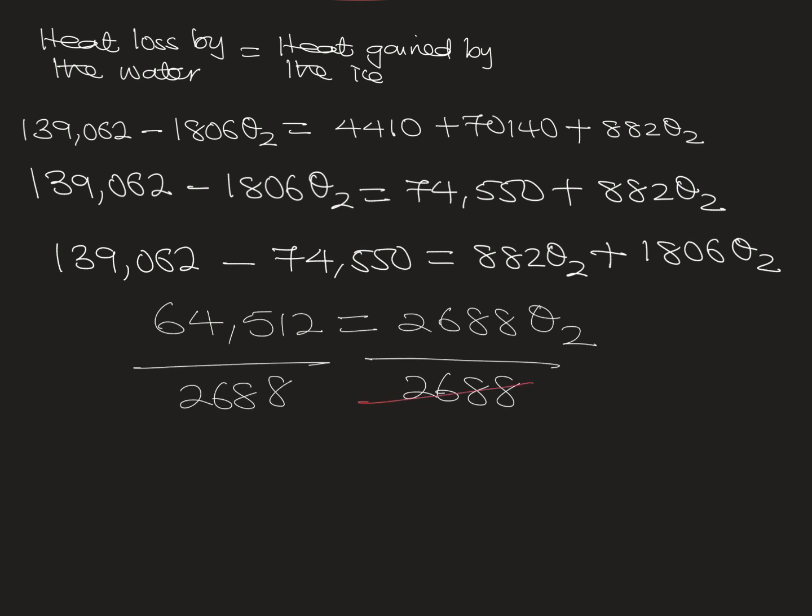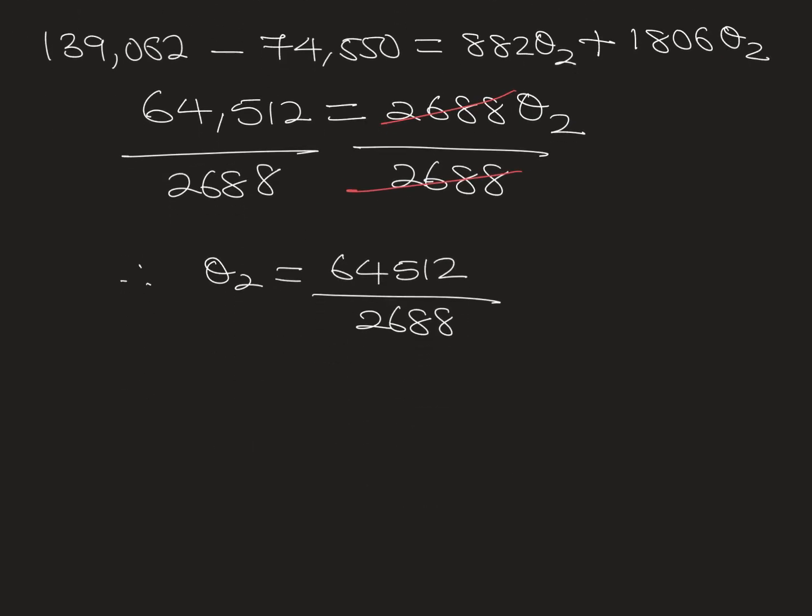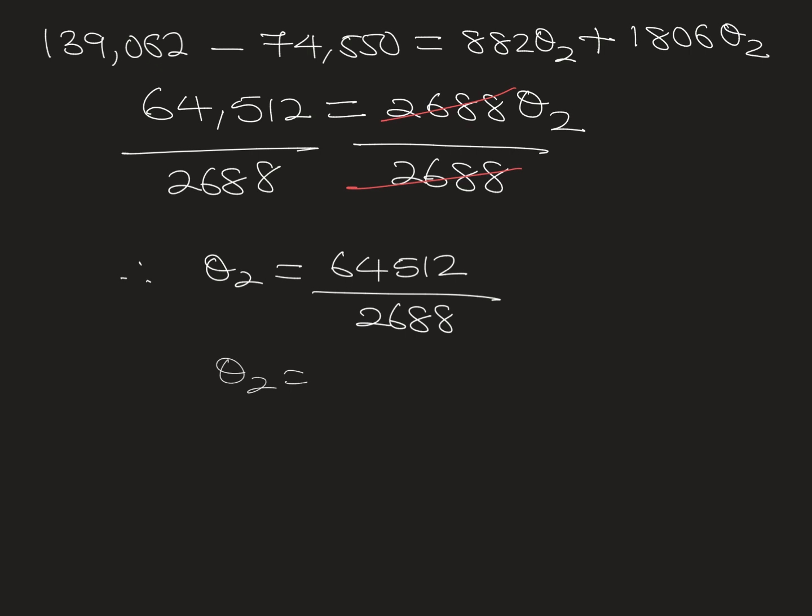So this will cancel this. So we can say theta 2 is equal to 64512 divided by 2688. So what value is that? Theta 2 will be 24 degrees Celsius.